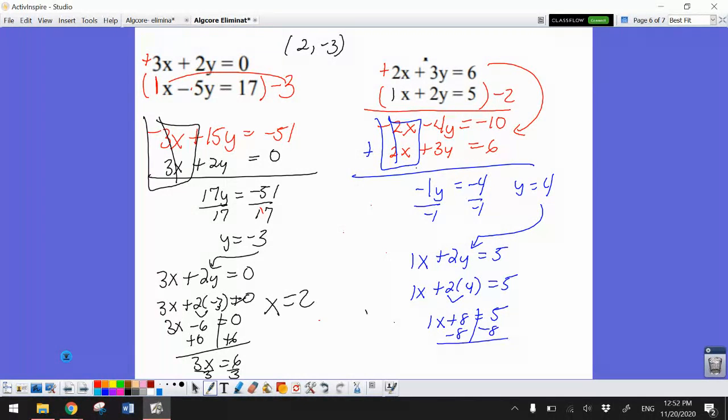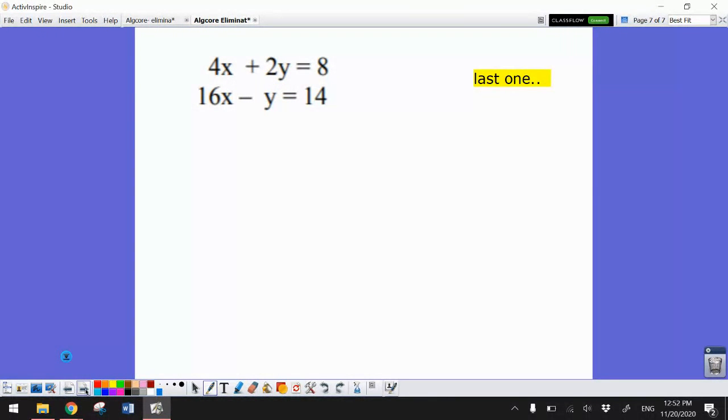And subtract my 8. 1x equals a negative 3. And again, I don't have to divide by 1 because it's not going to change. So my solution is negative 3, 4. Let's try one more of those. See if you can figure this one out. And then we'll move on to homework time.